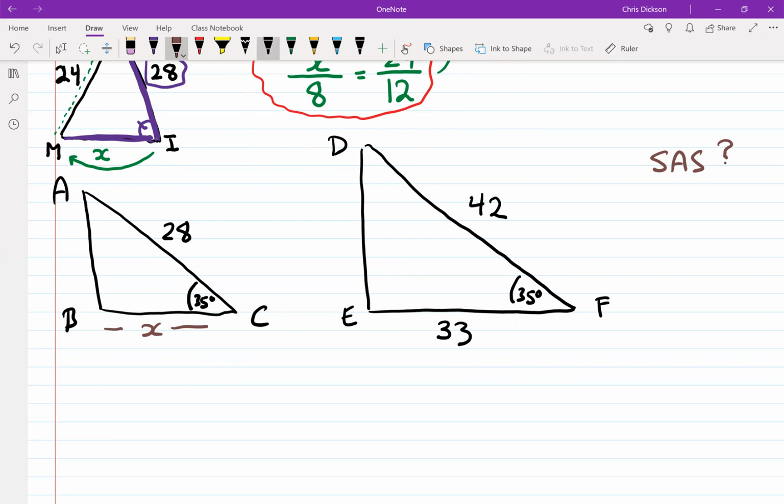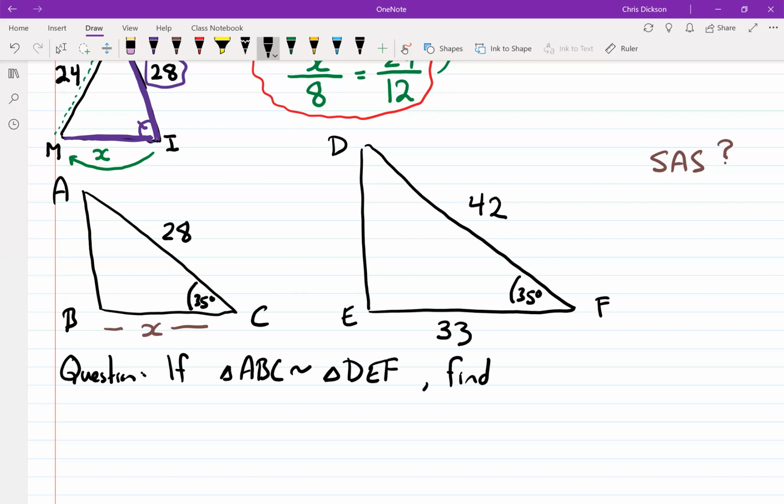So let's say on the question we told you they were similar. So let's just say question number 1. And we said if triangle ABC is similar to triangle DEF, find BC, or find X, I guess.